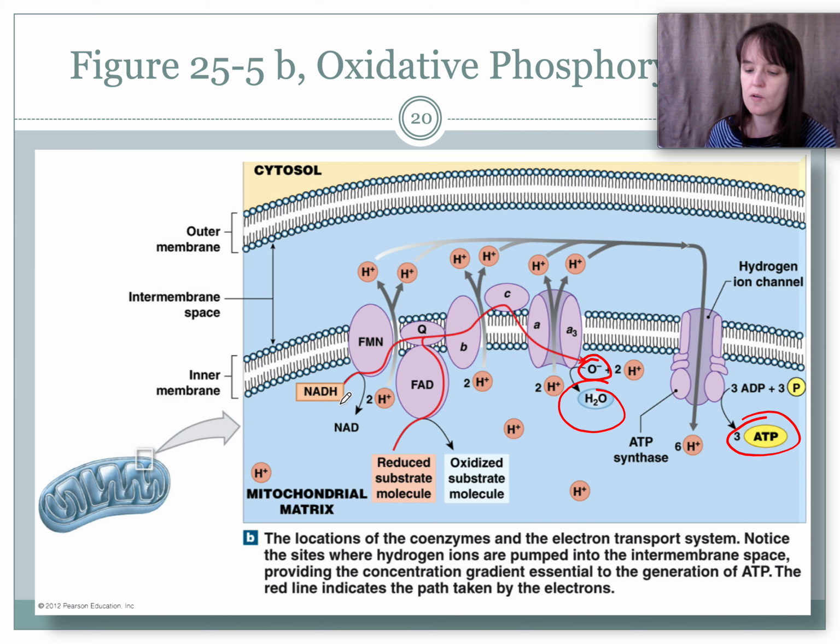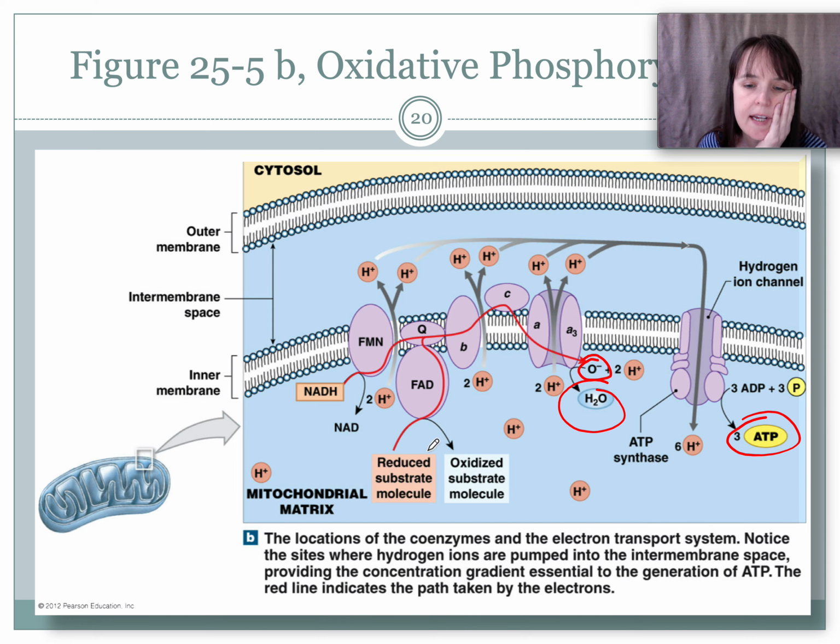Okay, so what happens here is this NAD drops off these two hydrogens, NADH plus H plus, which get pumped across into the intermembrane space. And when those two come back through, they make roughly 1 ATP.